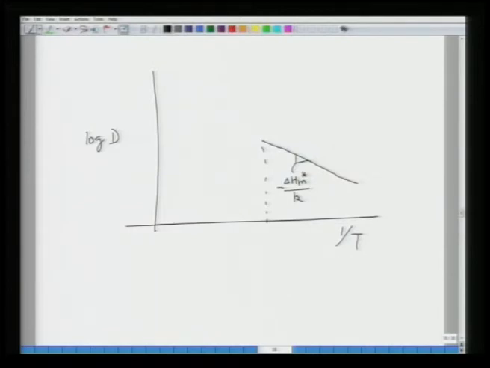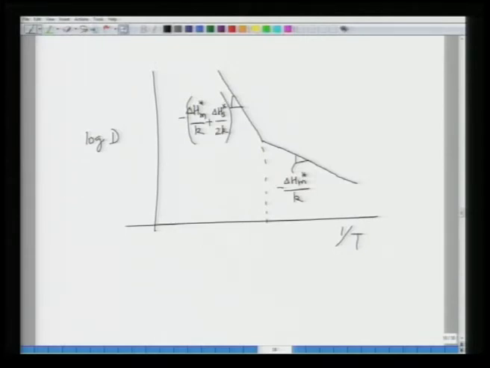After this point, I know that the activation energy has increased. As a result, the slope will become like this. So this will become minus of delta H_M star divided by k plus delta H_S star divided by 2k.